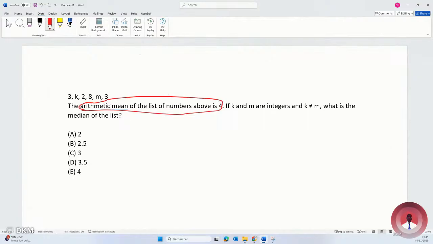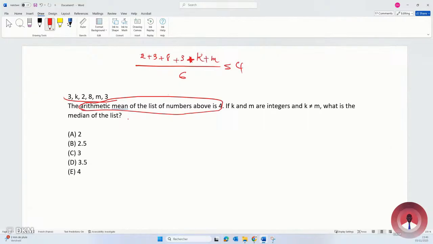It means that we have 2 plus 3 plus 8 plus 3 plus k plus m divided by 6, because we have 6 elements here, is equal to 4.